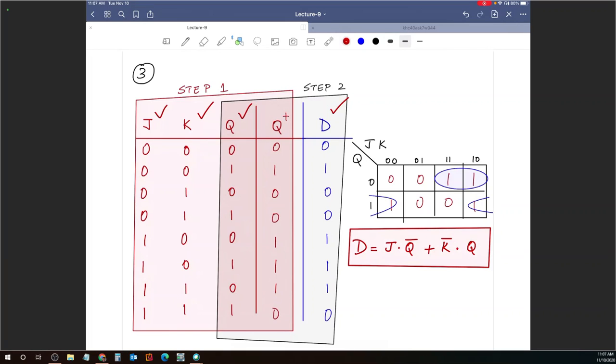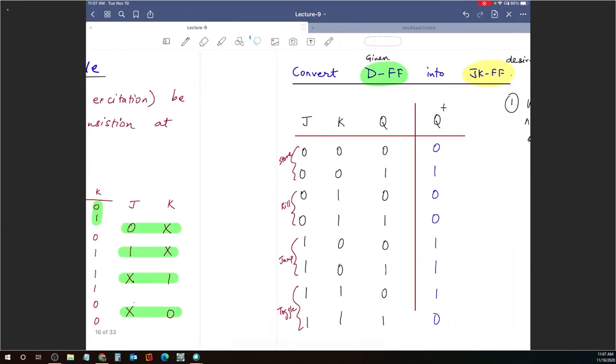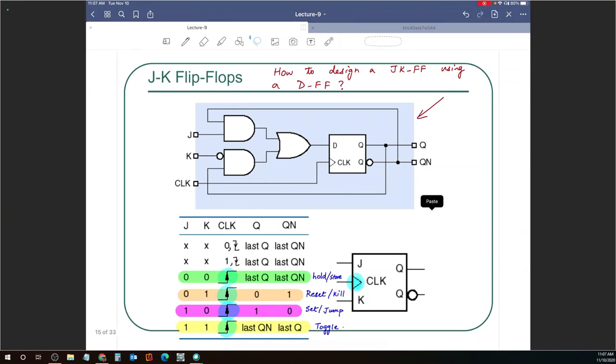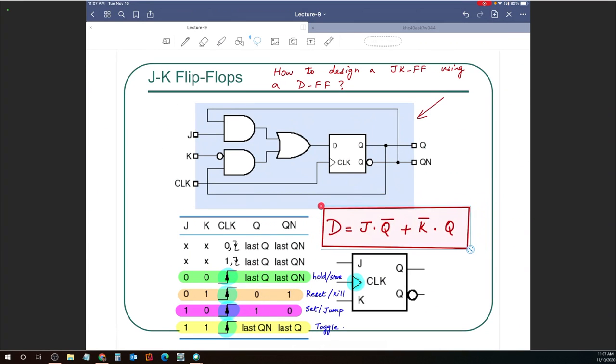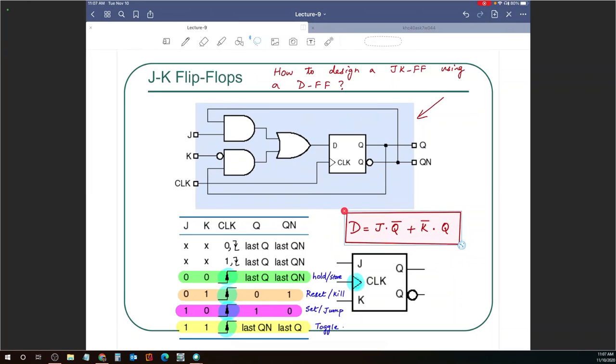Now, let us try to take this and relate to that. That was our result, right? Let us see if this diagram represents what we derived. What was given? D flip-flop was given. So that is exactly what is given here.